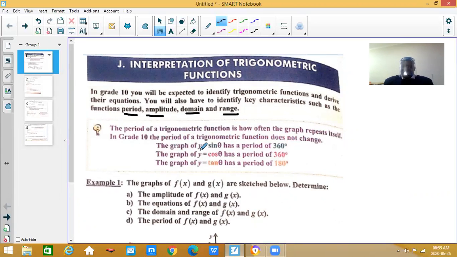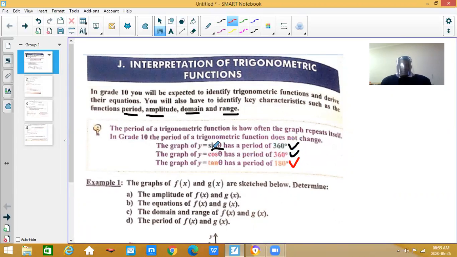When we are looking at the sine function, it always has a period of 360. The cosine graph has a period of 360 as well. And the tangent graph has a period of 180.